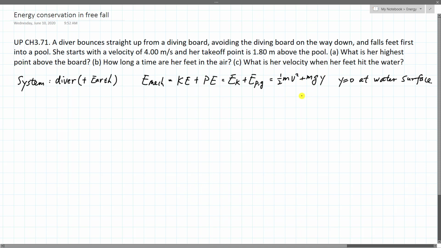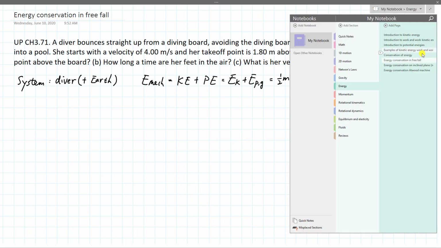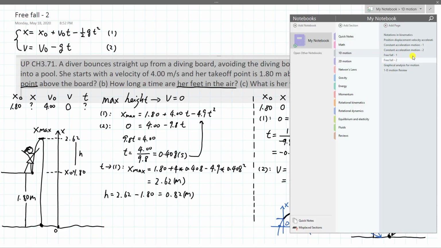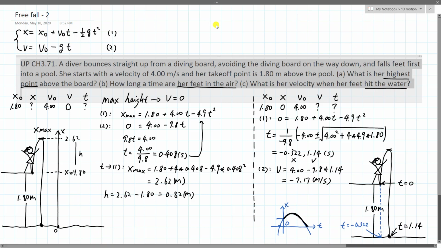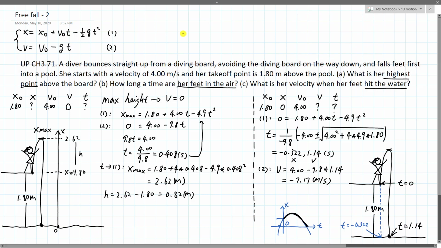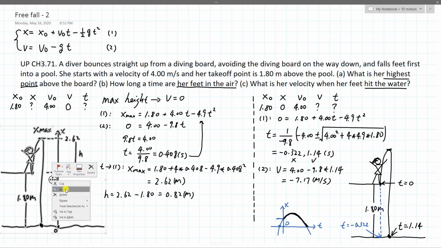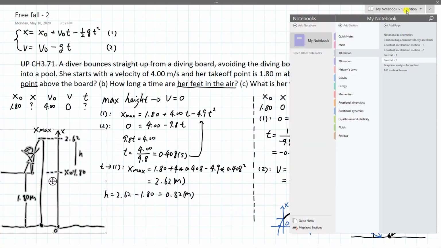So let's review. Let's go back and see how much we can get out of the previous question. Here's the discussion. I even drew a diagram, so let me copy this whole thing so that we don't have to redo it. So far so good.